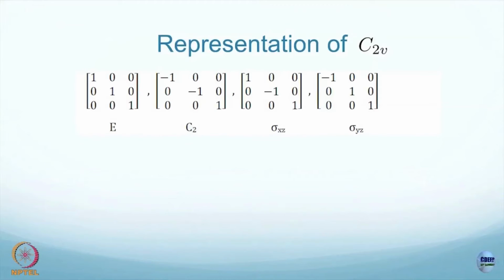And whenever you have an axis perpendicular to the principal axis, then you can show that Cn^k and Cn^(n-k) will be conjugates to each other. And similarly, even if you have a mirror plane containing the principal axis, then you can show that these are conjugates to each other.